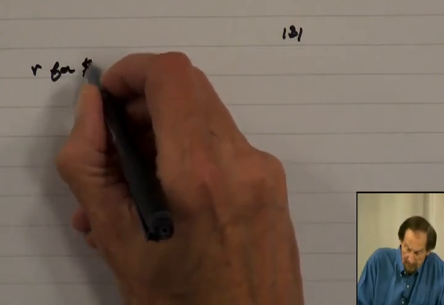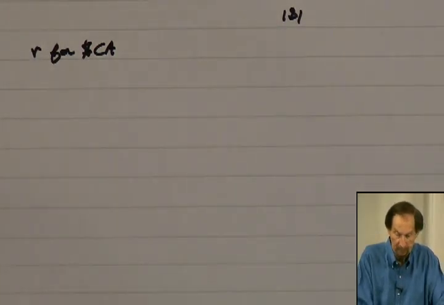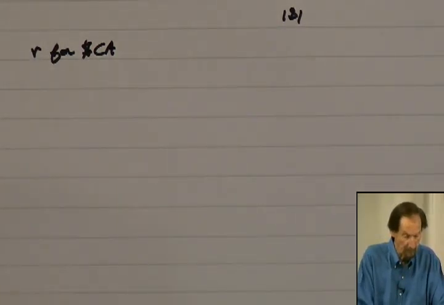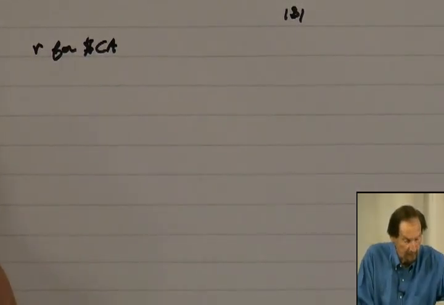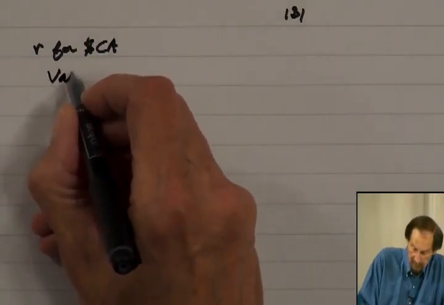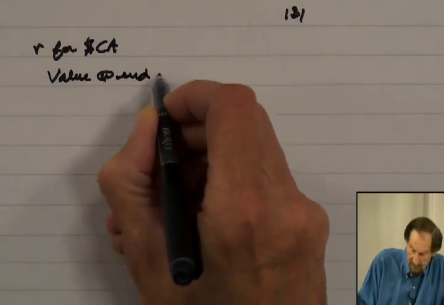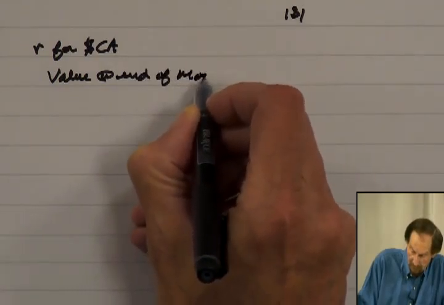Okay, so first let's look at the rate of return, R, for dollar cost averaging. Okay. And this is relatively simple. Again, what we're going to do is look at the values at end of month 4.